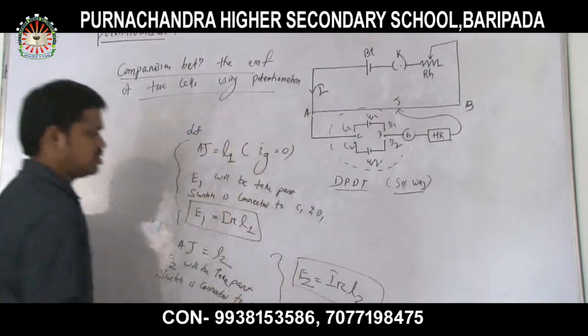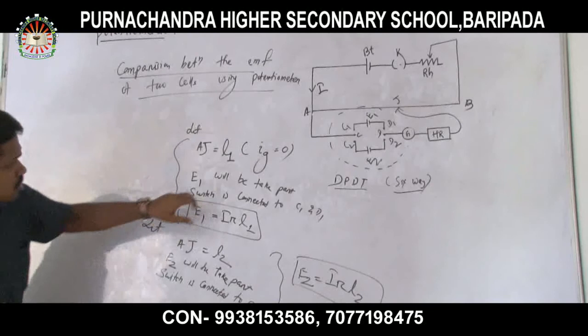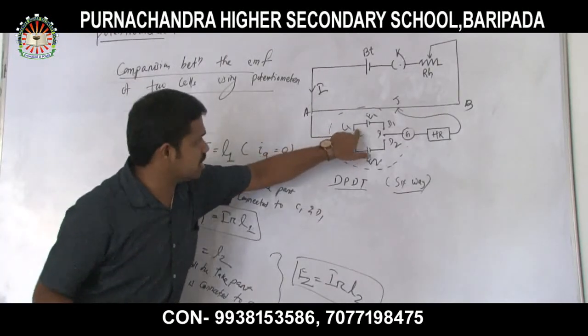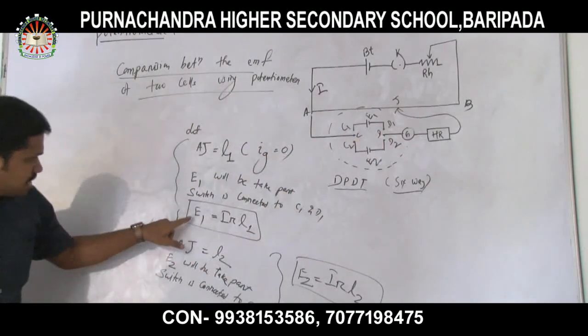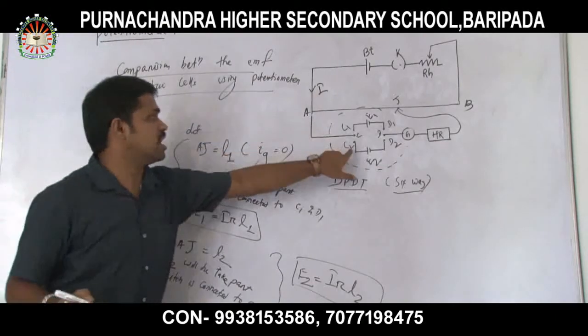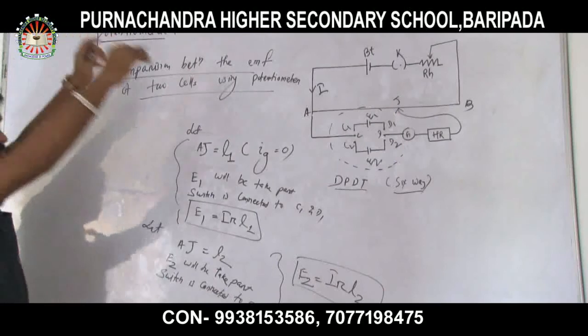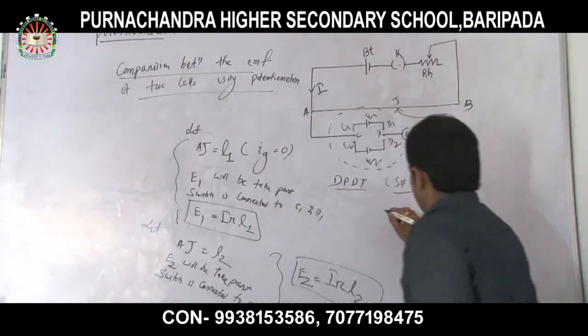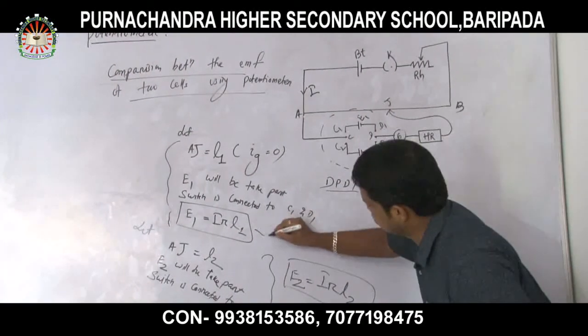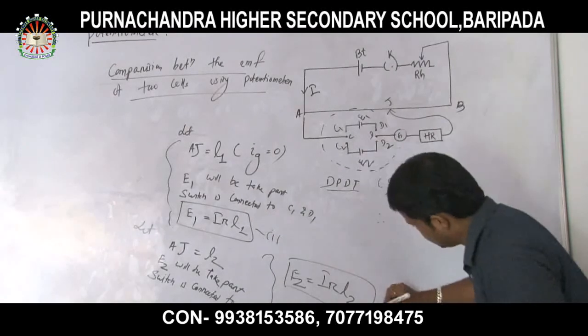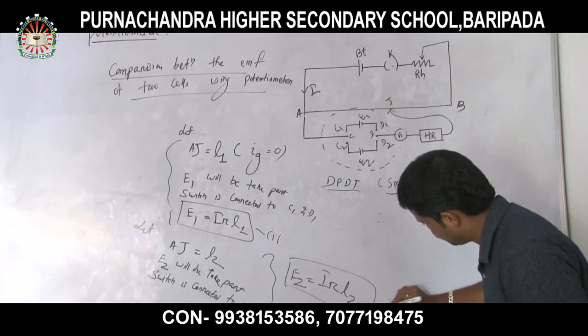So there are two conditions, and now we are comparing these two. When the switch is connected to C1 and D1, the EMF is this; when connected to C2 and D2, the EMF is this. This is equation 1, this is equation 2.